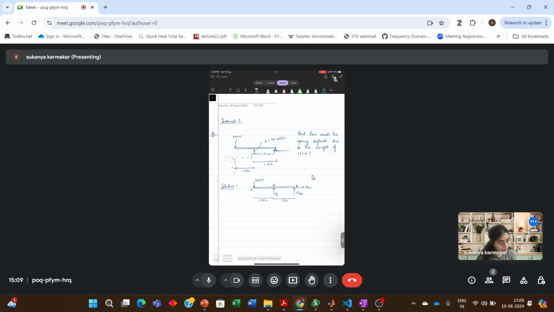And let's assume that the deflections are small and the spring force remains vertical. It is not changing its orientation.